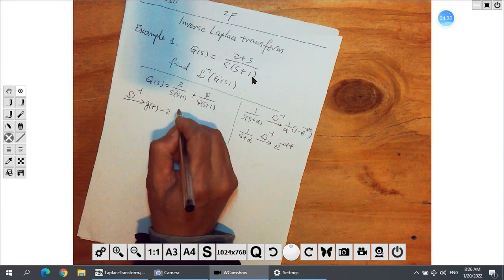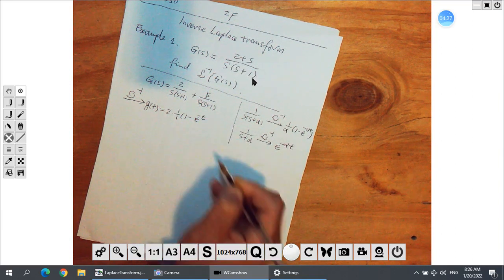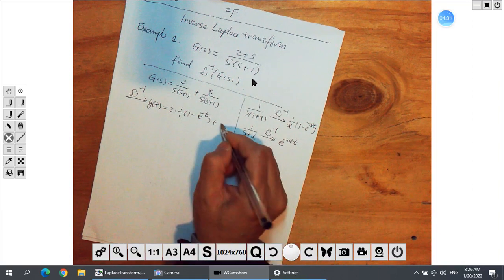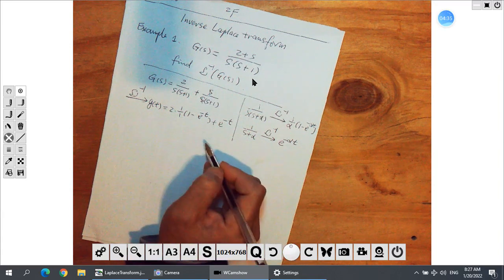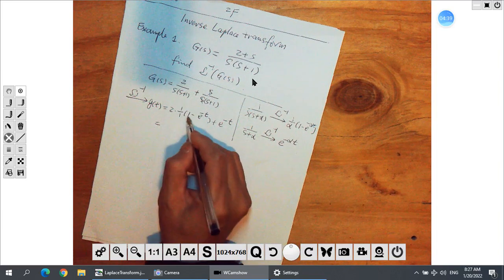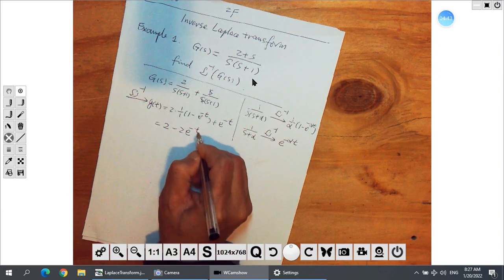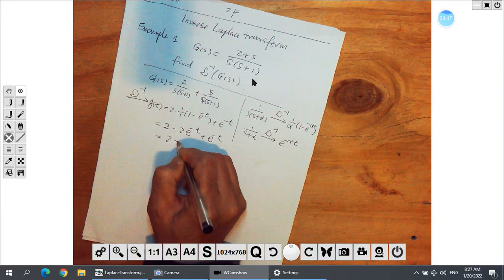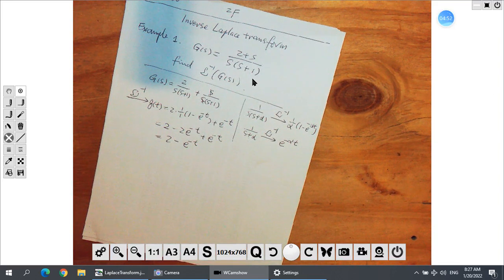So it's 1 over 1 times (1 minus e to the negative 1 times t), plus e to the negative 1 times t. Let me simplify: 2 times 1 gives 2, minus 2 e to the negative t, plus e to the negative t. So in total I have 2 minus e to the negative t. So this is our answer.